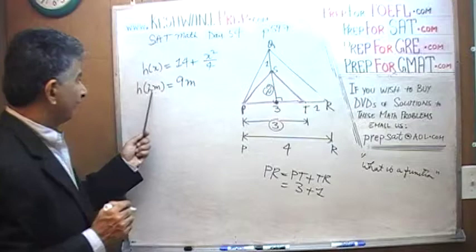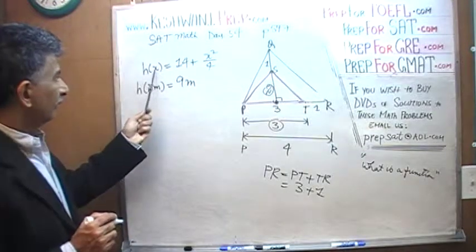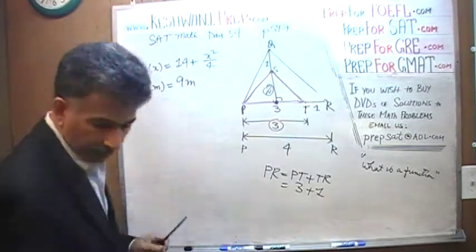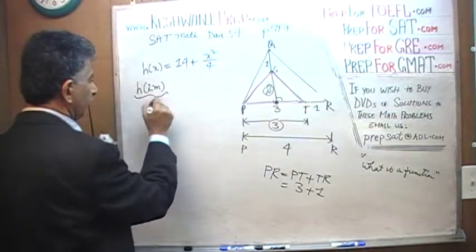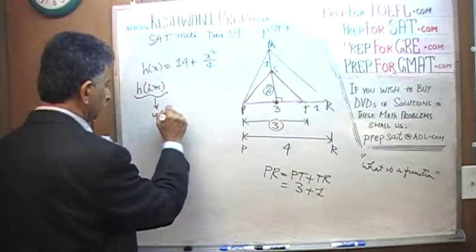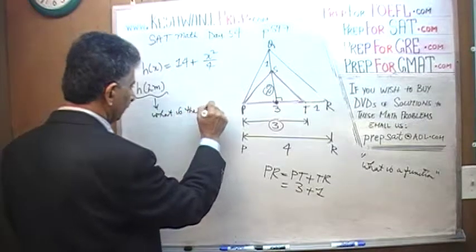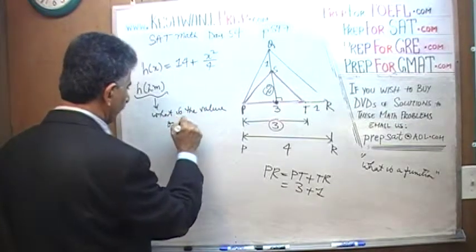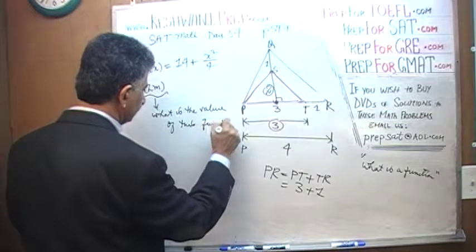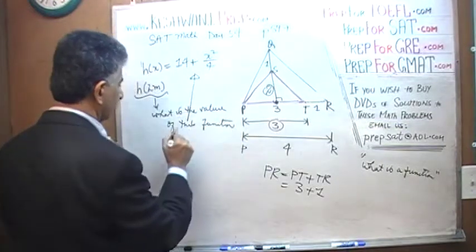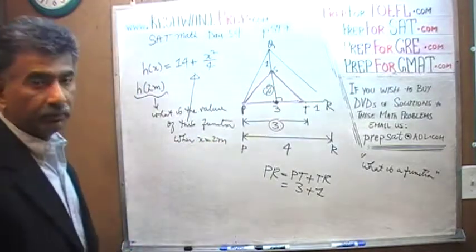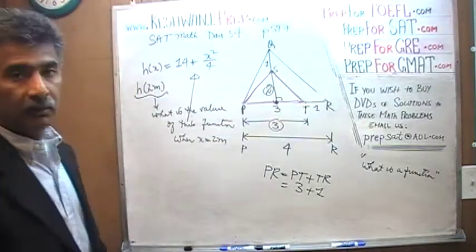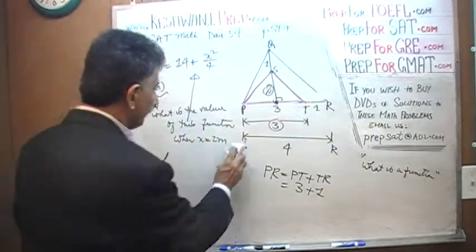So h of 2m is the same as saying, what is the value of the function that is given to us when x equals 2m. All we have to do is, wherever we see x, we replace it with 2m. Let's do it.